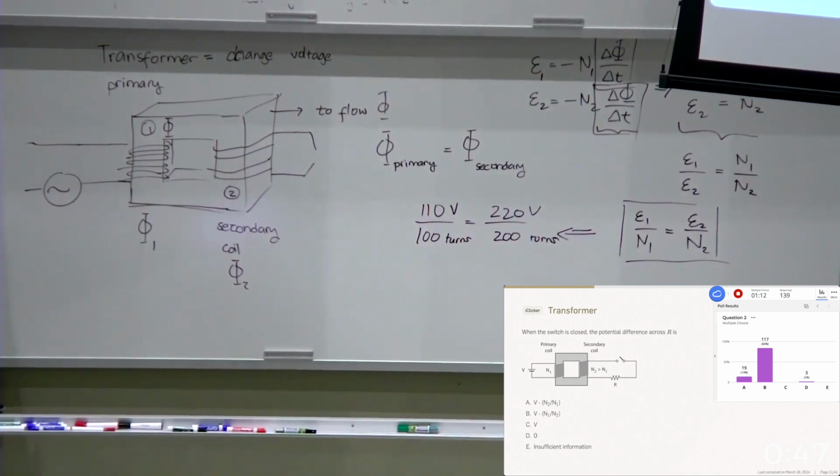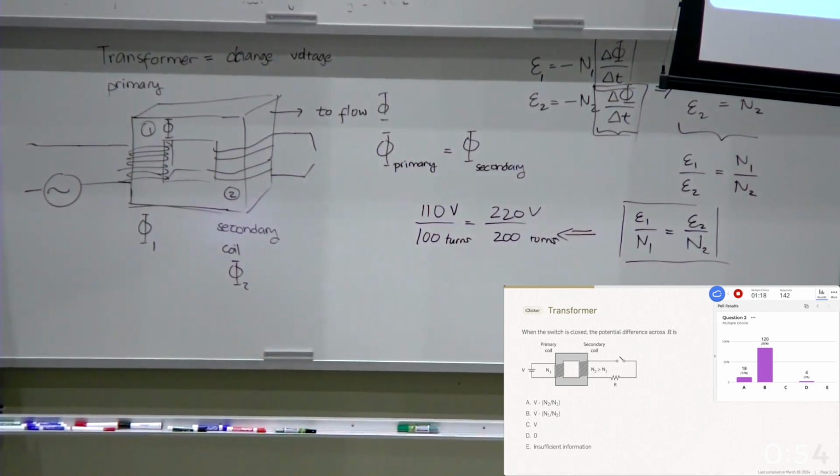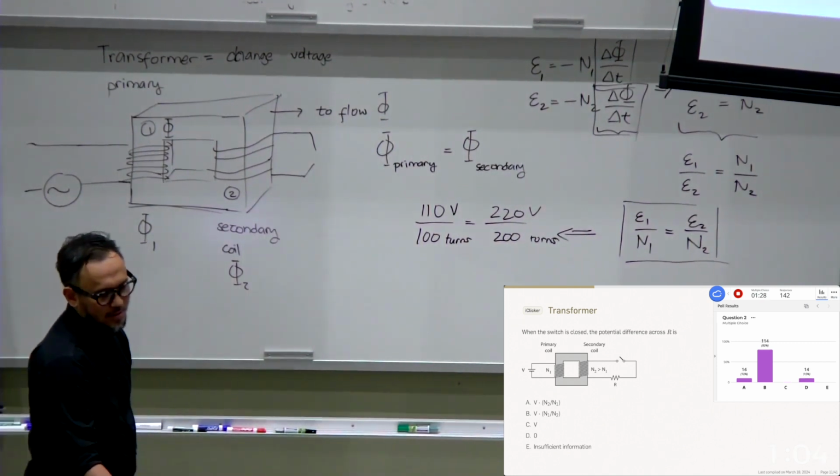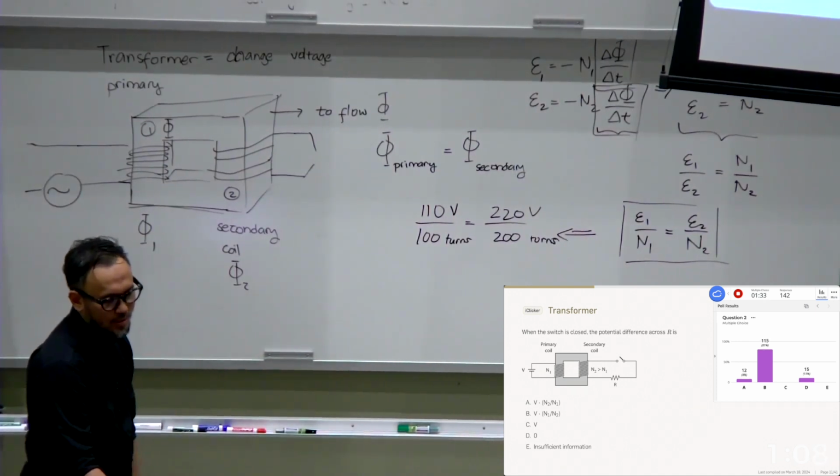So again, the key word is DC versus AC. All right, 5 more seconds. 4, 3, 2, 1.